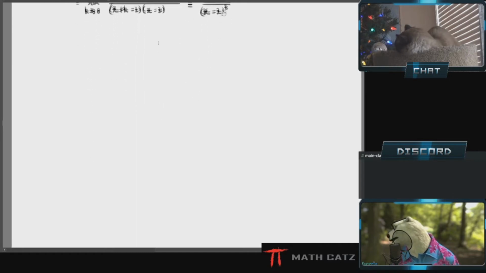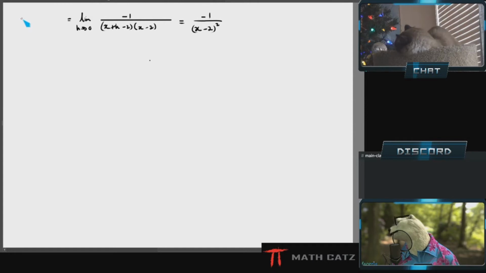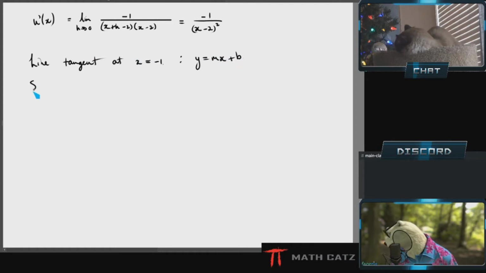So that's my derivative, right? Now, for the tangent line at x equal to negative 1, let's make that line y equals mx plus b.